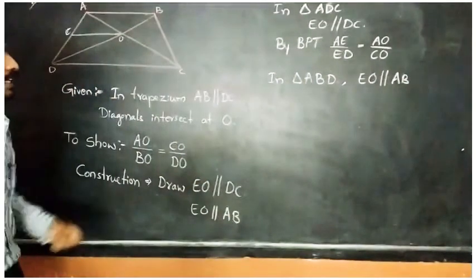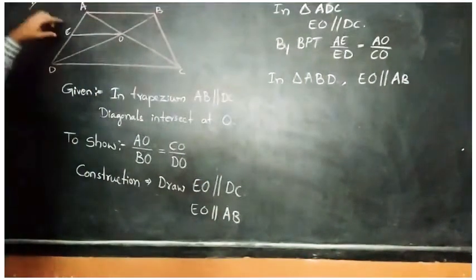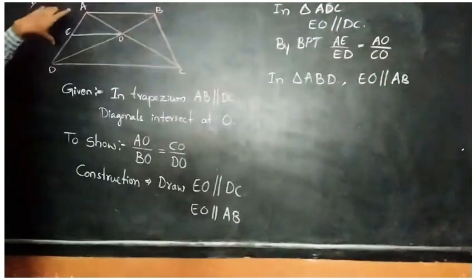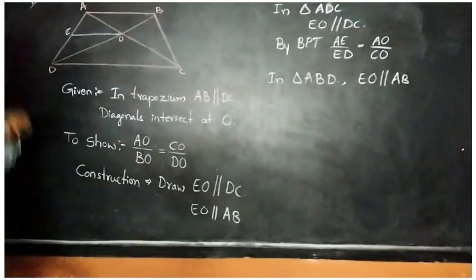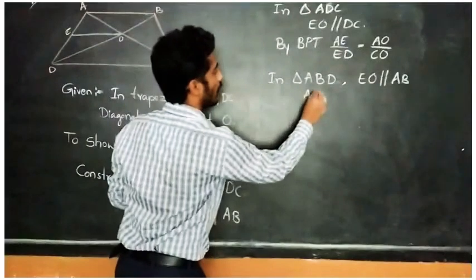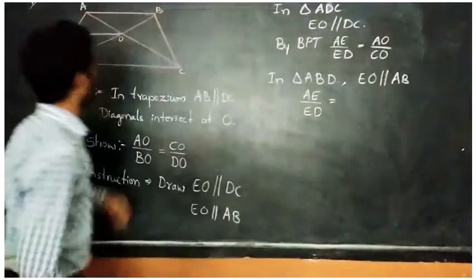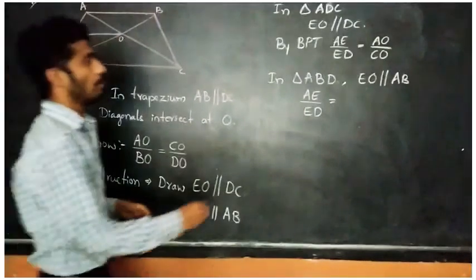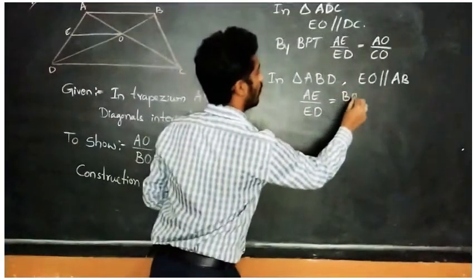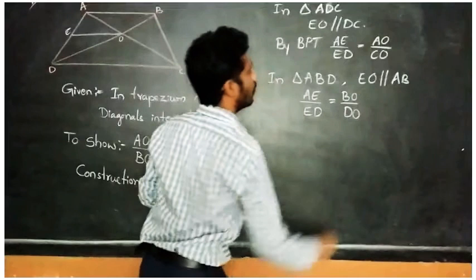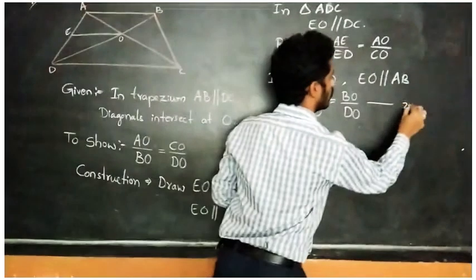So if we get one parallel line, then it divides the sides in the same ratio, that is AE by ED equal to BO by DO. Let's take this as equation number 2.